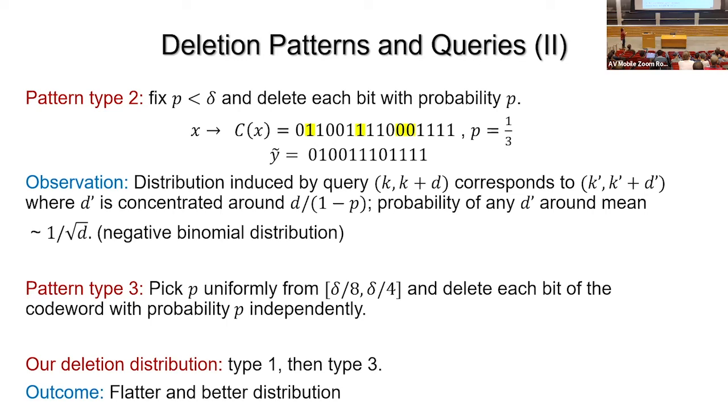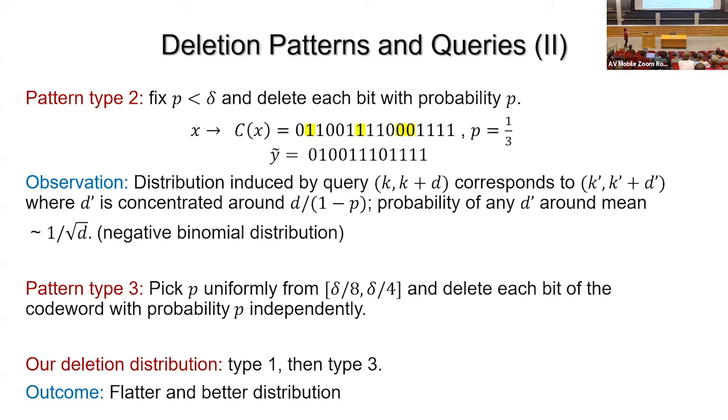Okay, and that's good. It's in the right direction, but it turns out that we need something even more. So in particular, we'd like to have this property happening with probability 1 over d. So for that, we tweak this distribution a little bit.